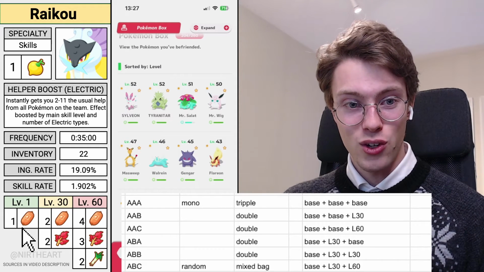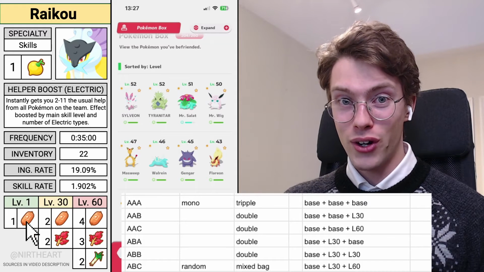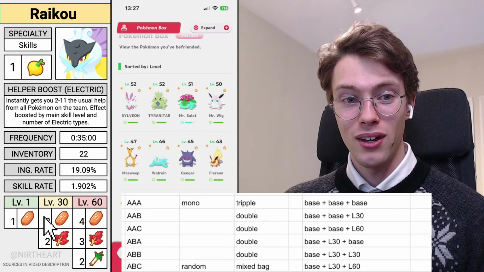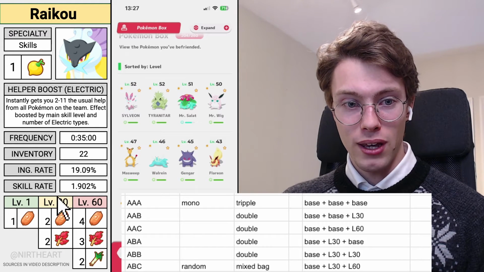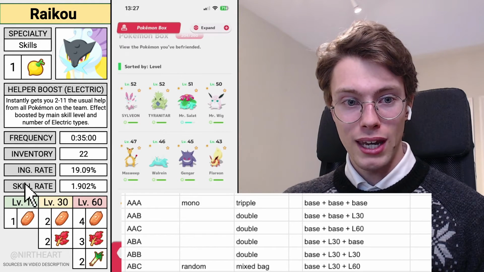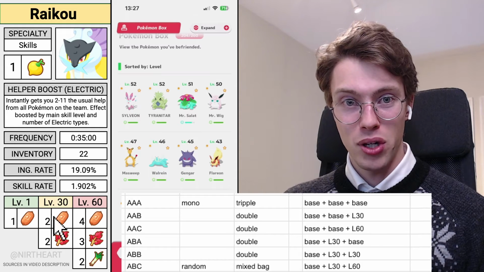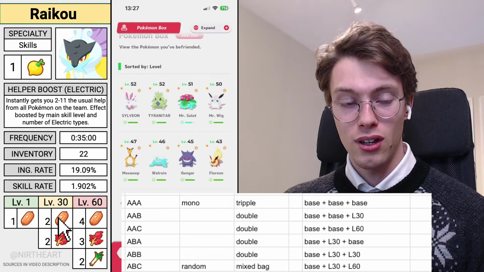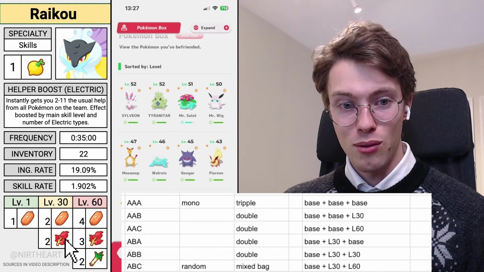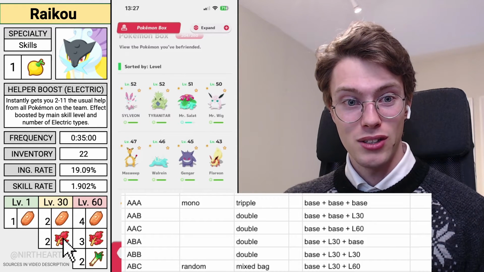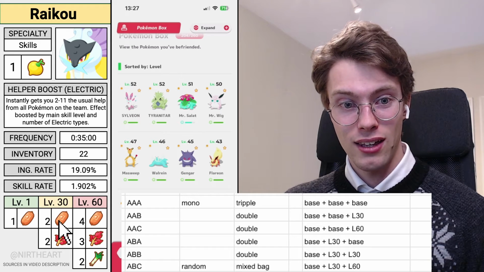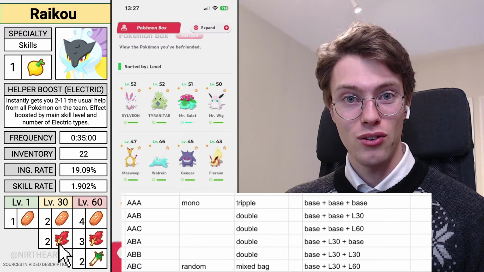So the A ingredient here is forever and always for Raikou, it's gonna be the bean sausage. What happens here at level 30 is we can either go AA because it's sausage, or we can go B because there's a B ingredient that is available. So we can have an AA or an AB Raikou.